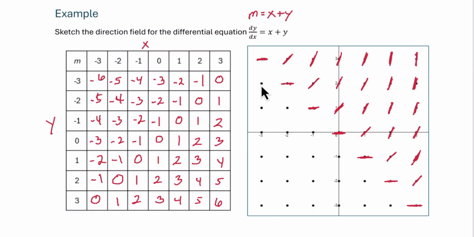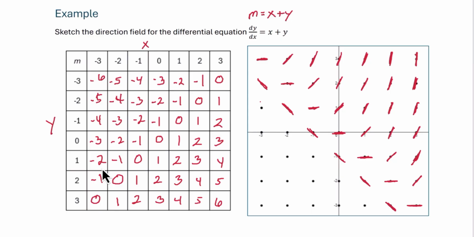And then along this diagonal, -3, 2. -3, 2 has a slope of -1. So that's going down this way. And that diagonal continues to have a slope of -1. -3, 1 has a slope of -2.